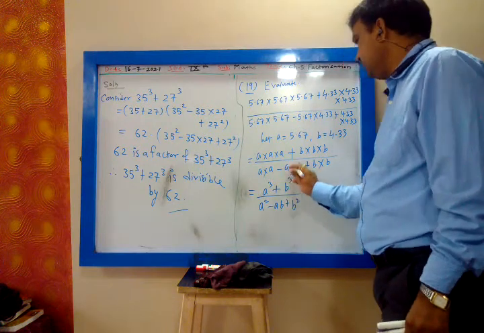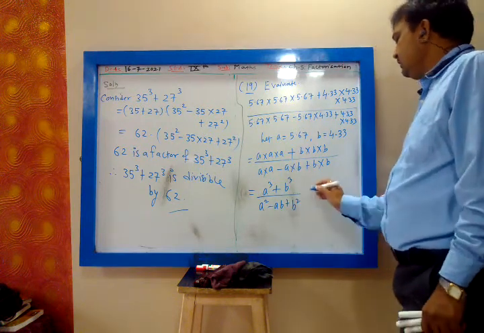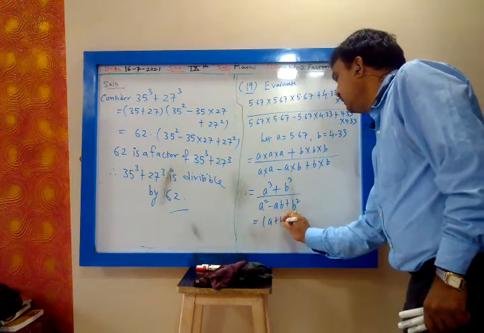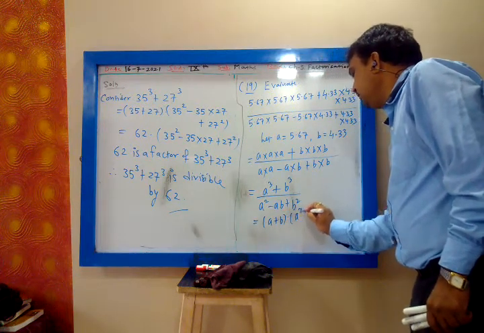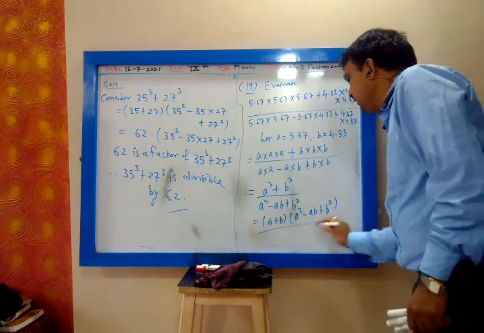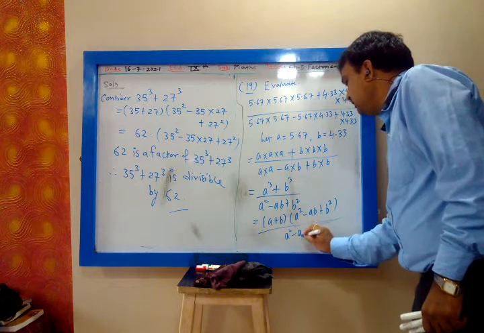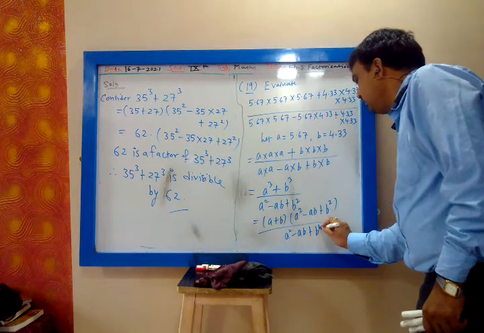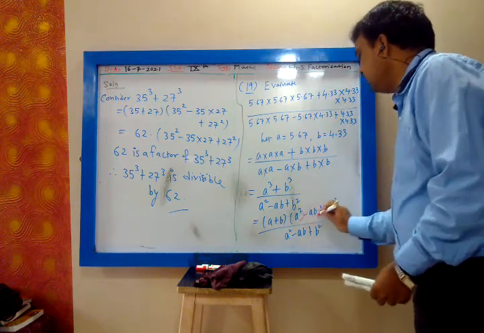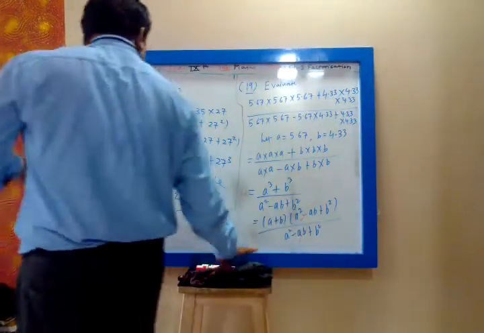What is the formula for A cube plus B cube? That is A plus B into A square minus AB plus B square, and the denominator has A square minus AB plus B square. The numerator's A square minus AB plus B square gets cancelled with the denominator. What is left? A plus B is left.